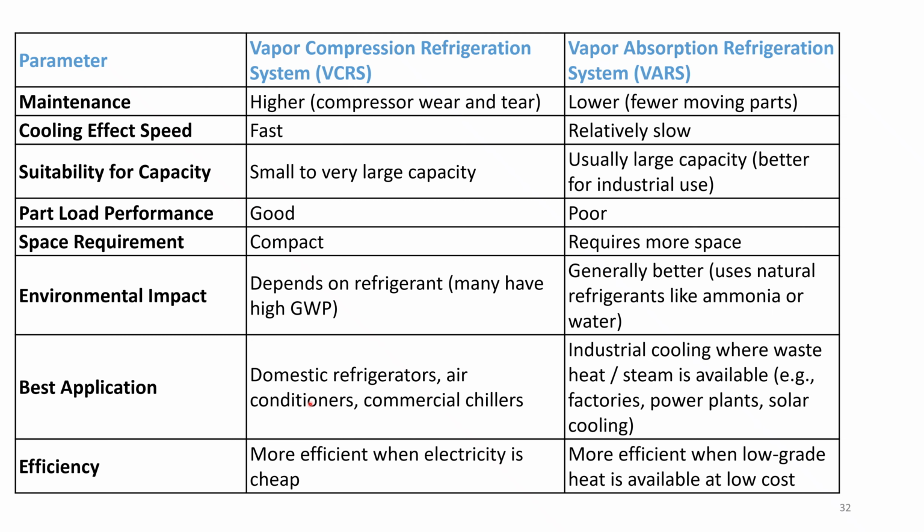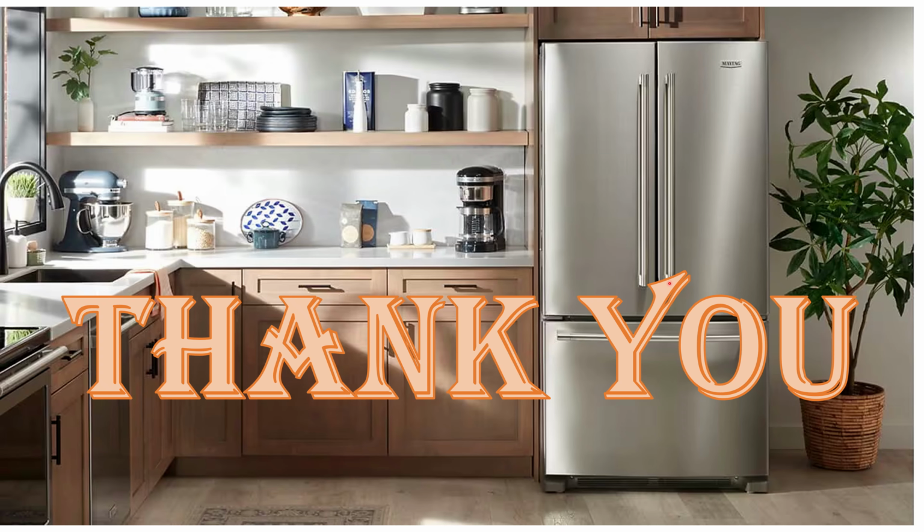Then best application for VCRS is domestic refrigerators, air conditioners or commercial chillers. VRS is used in industrial cooling where waste heat or steam is available: factories, power plants, solar cooling. Then efficiency: VCRS is more efficient when electricity is cheap, but VRS is more efficient when low grade heat is available at low cost.